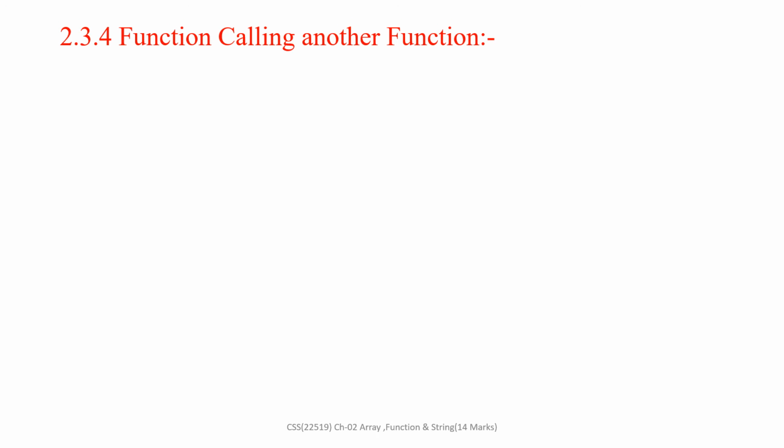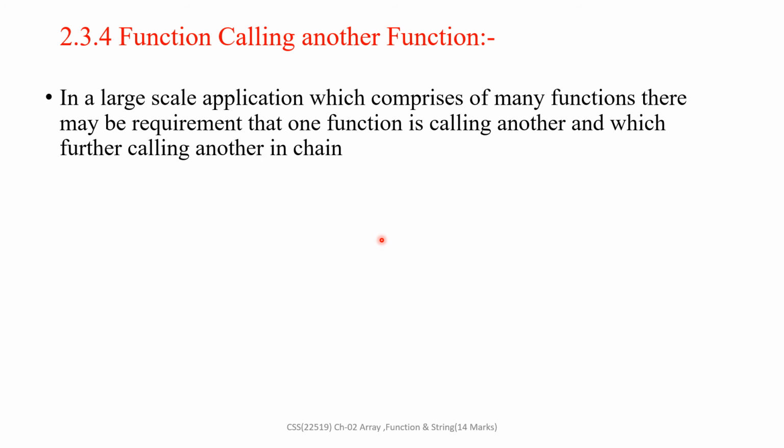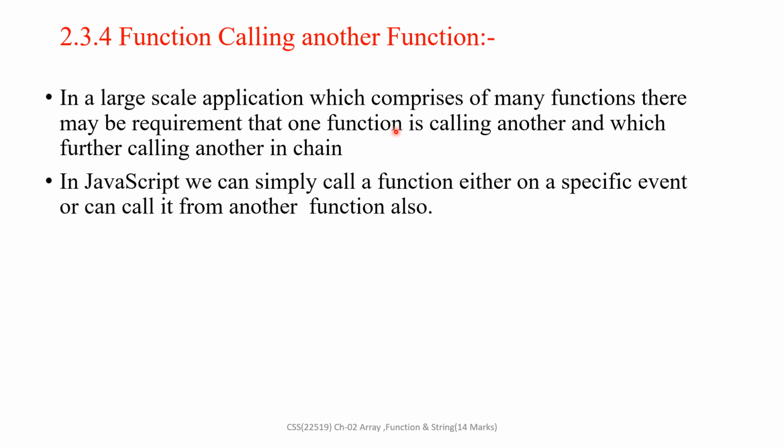So our next topic is a function calling another function. In a large-scale application which comprises many functions, there may be a requirement that one function calls another, which further calls another in a chain. In JavaScript, we can call a function either on a specific event or from another function also.